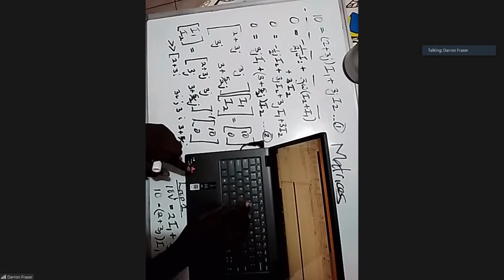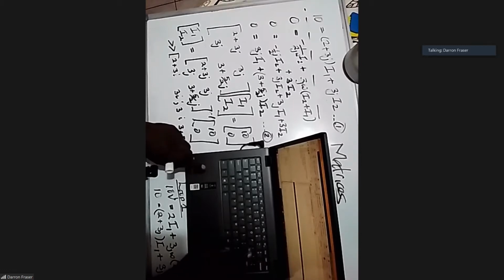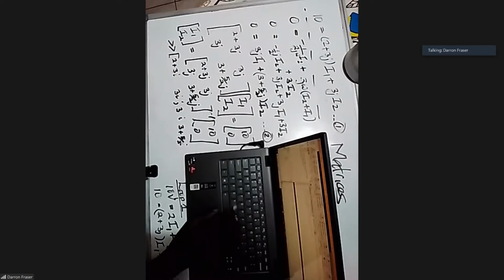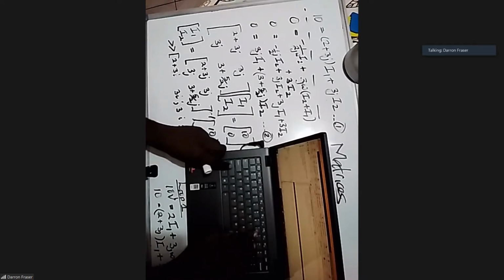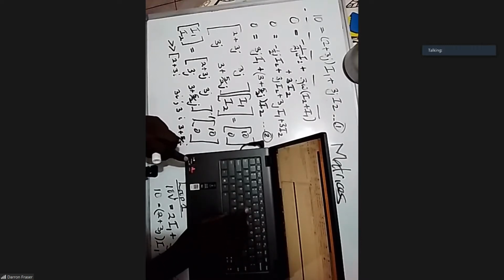Then y is equal to square bracket 10 semicolon 0, close the bracket. And then to find the two values, I'm going to say z is equal to inv, for inverse, or you can use minus 1, the inverse of x times y.